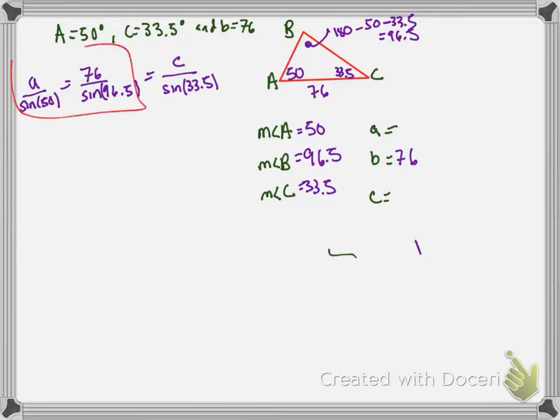I'm going to use the first two here. I'm not going to rewrite them out and cross multiply. So A sine of 96.5 equals 76 sine of 50. Got to get A by itself, divide each side by sine 96.5.